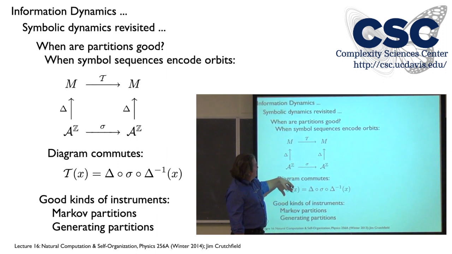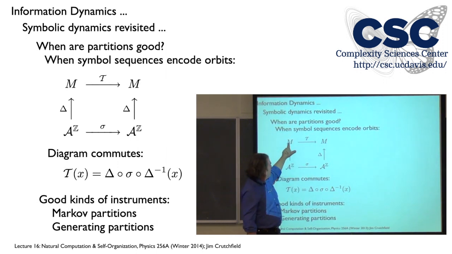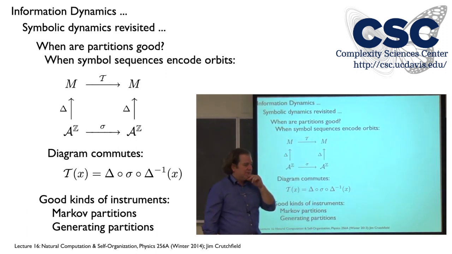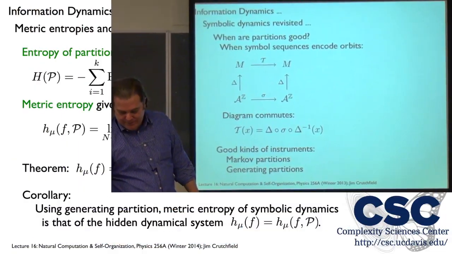So good measuring instruments allow us to either look at the dynamical system directly or go through the symbolic representation, and either way is a faithful representation of the behavior. Another way to say that is the diagram commutes, assuming we have good instruments.